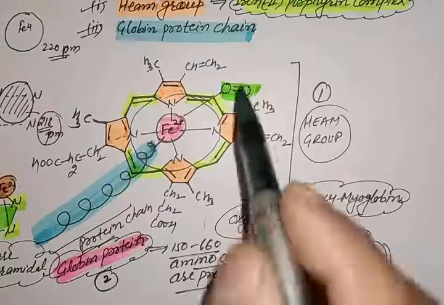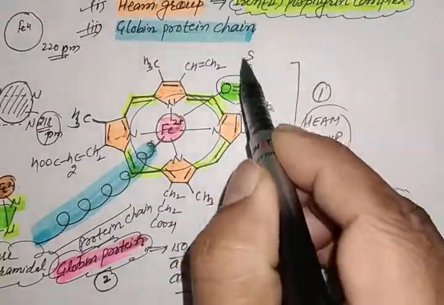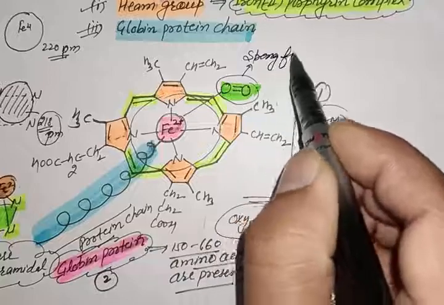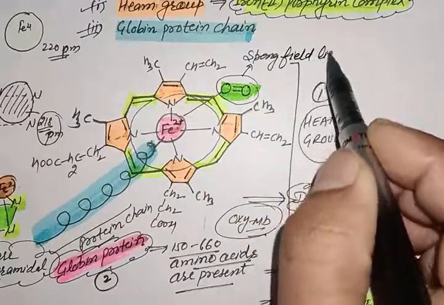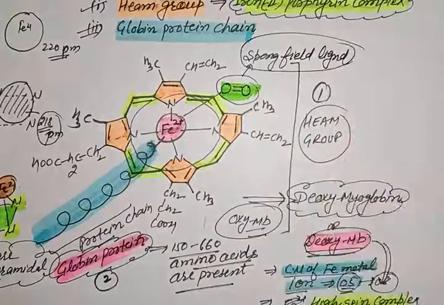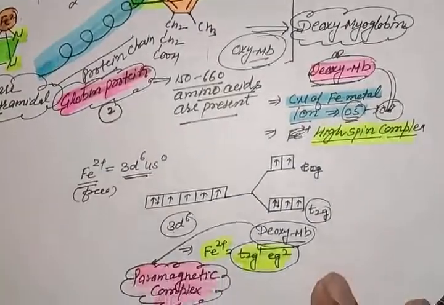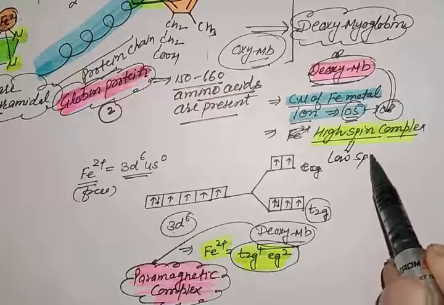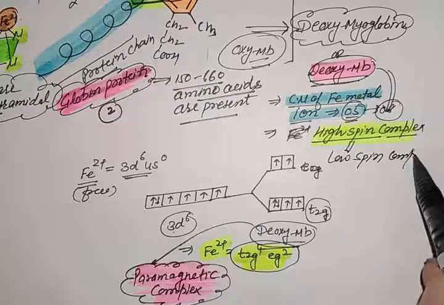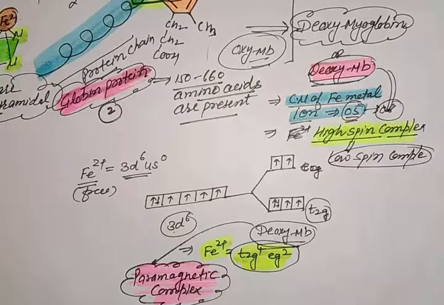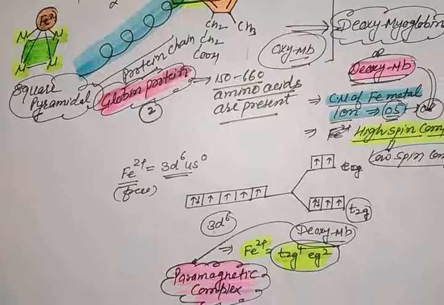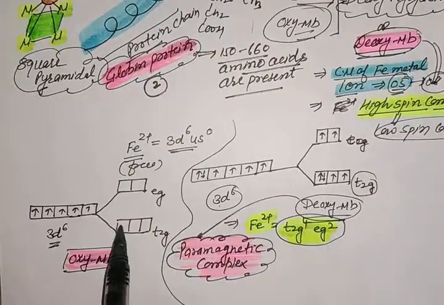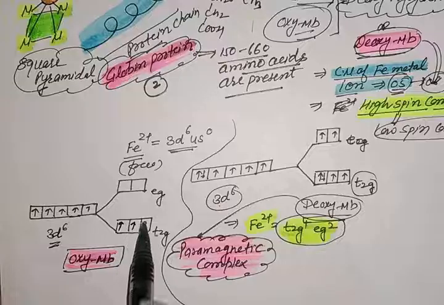And this oxygen O2 is a strong field ligand. Due to the attachment of this strong field ligand, this high spin complex becomes a low spin complex. And because the low spin complex is formed, all the 6 electrons pair in the t2g orbitals.